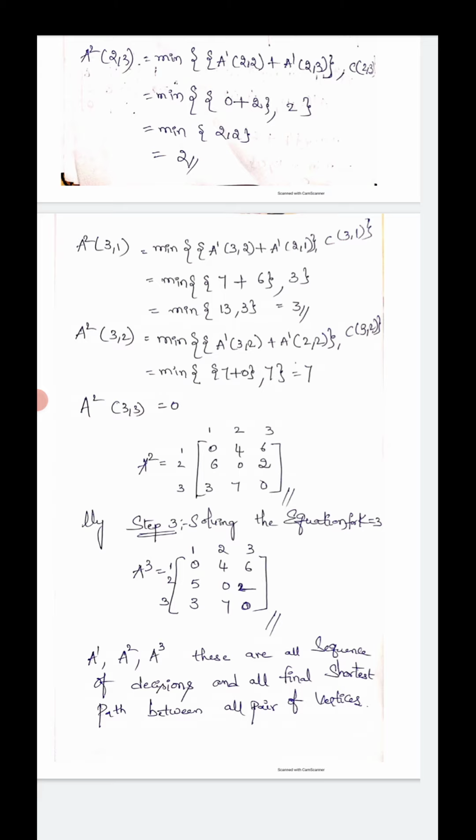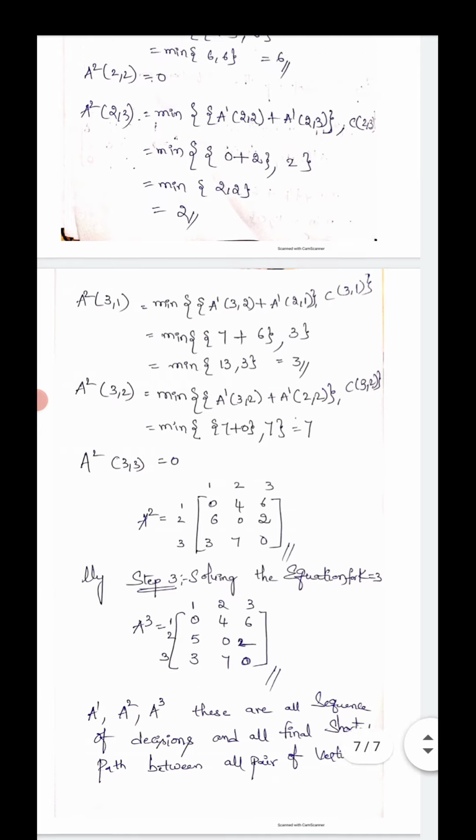A sequence of decisions is made for obtaining the optimal solution and the final shortest path between all pairs of vertices. In this manner we can solve the all pairs shortest path problem using a dynamic programming approach.